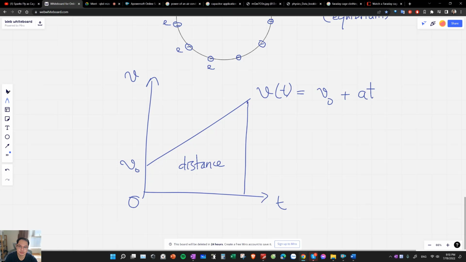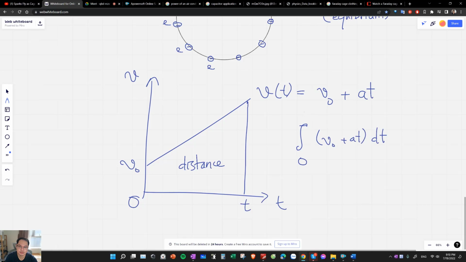We use this distance equation using the equation of the trapezoid. But because you have studied integrals, now we can apply the integral. In this case, the integral of the function v0 plus at, dt, from time 0 to time t.